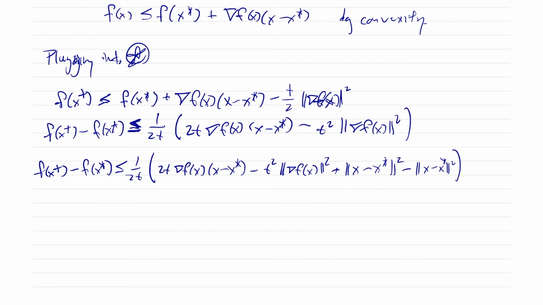And you can see how this ends up being completely square. If you take x minus x star and the gradient of f on their own, then you have the norm of the gradient squared, and then you're going to have this guy squared.